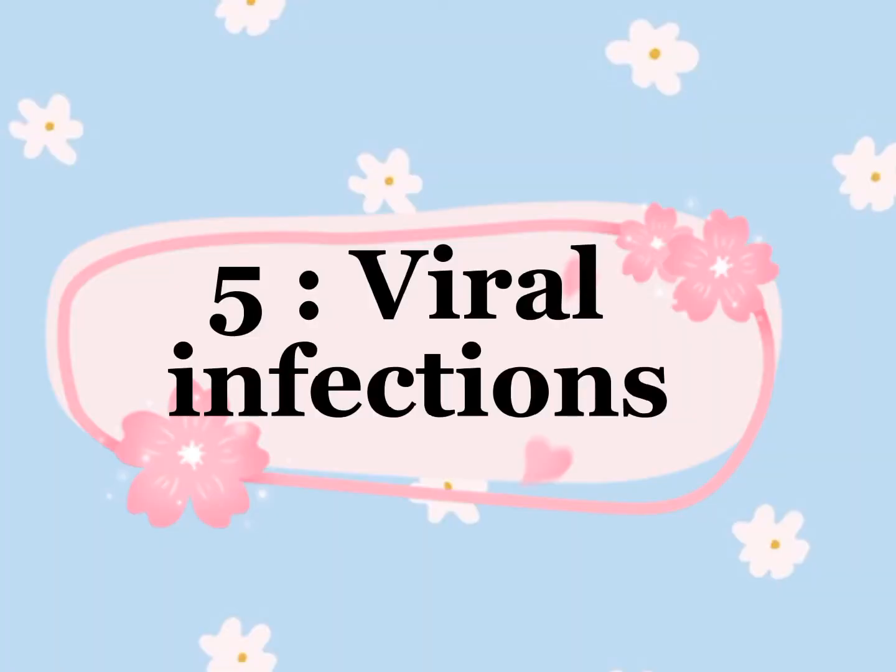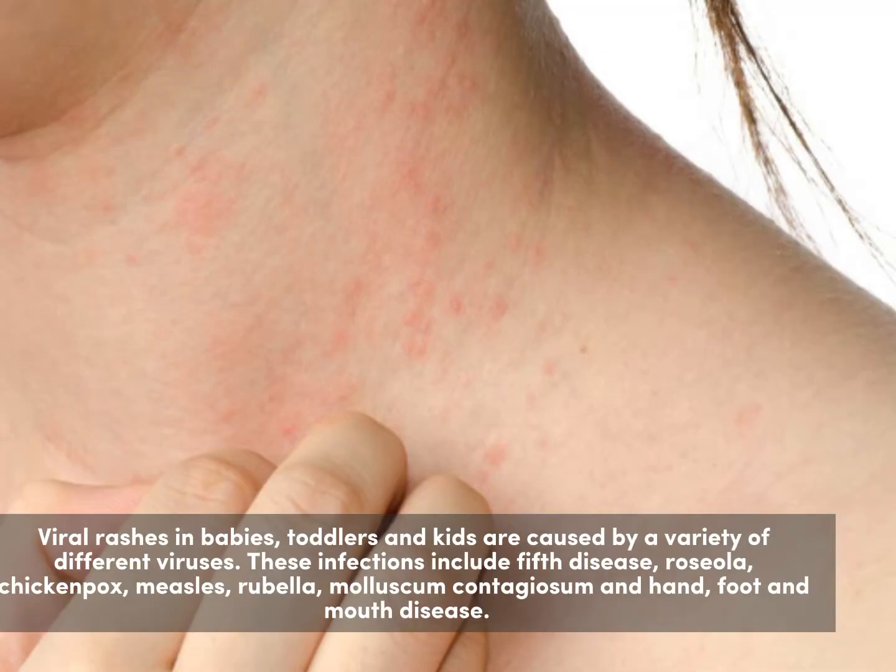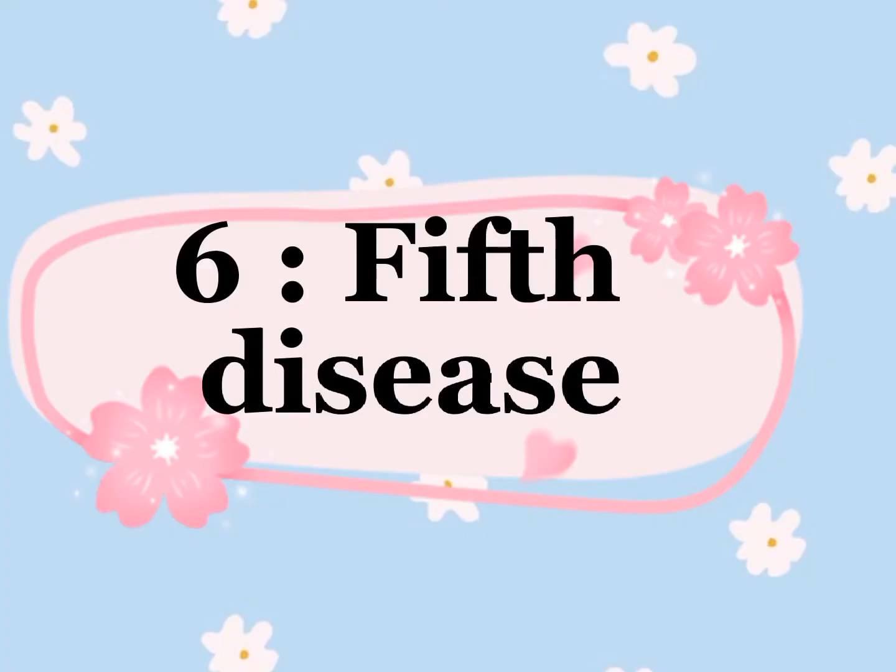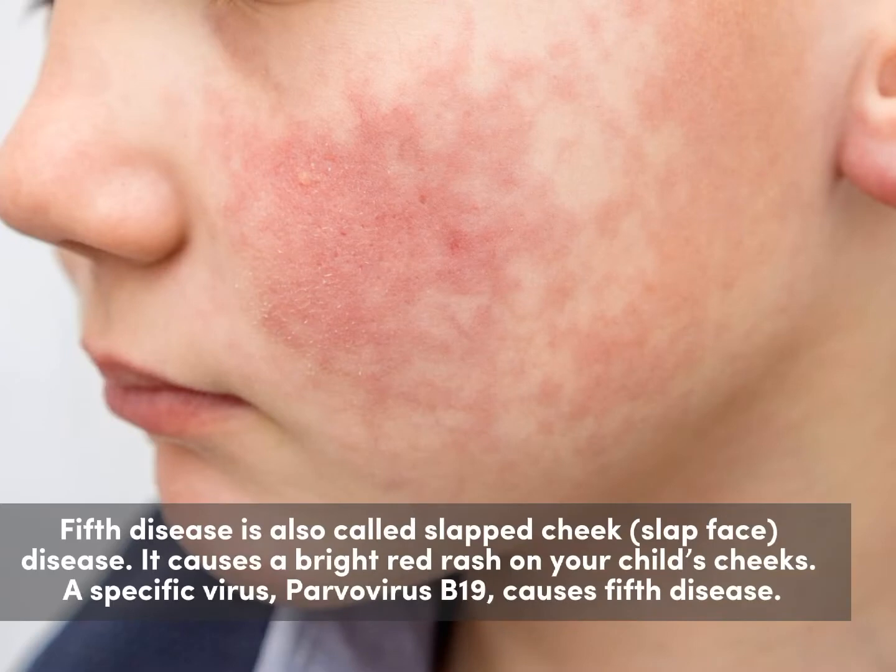5. Viral infections. Viral rashes in babies, toddlers, and kids are caused by a variety of different viruses. These infections include fifth disease, roseola, chickenpox, measles, rubella, molluscum contagiosum, and hand, foot, and mouth disease. 6. Fifth disease. Fifth disease is also called slapped cheek or slap face disease.